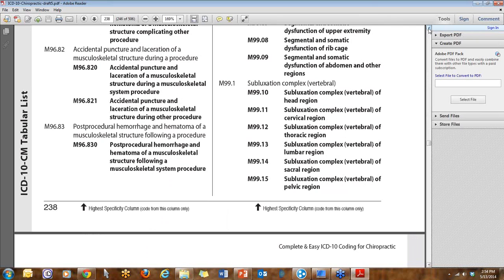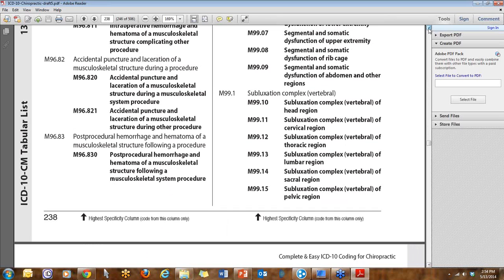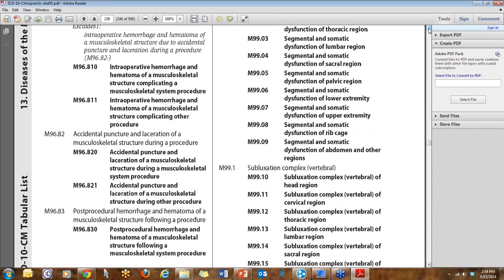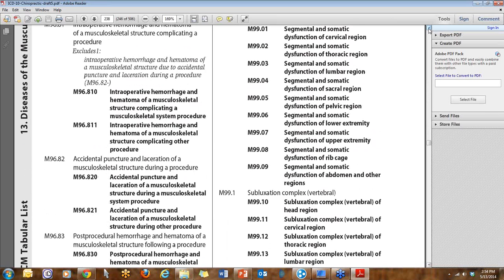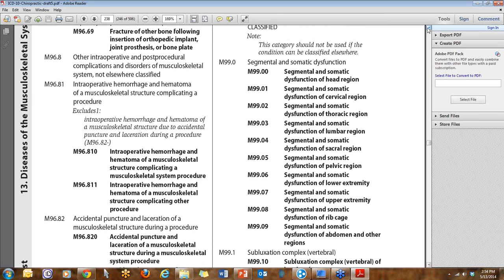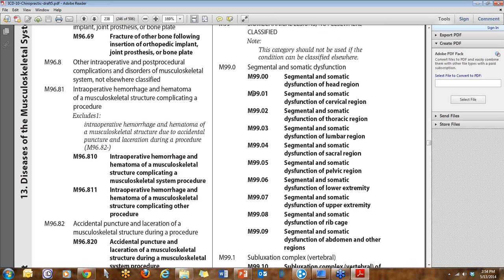All right, so you get to the GEM, and the GEM gets you to the M99.0. Okay, so now we have segmental somatic dysfunction, M99.01.